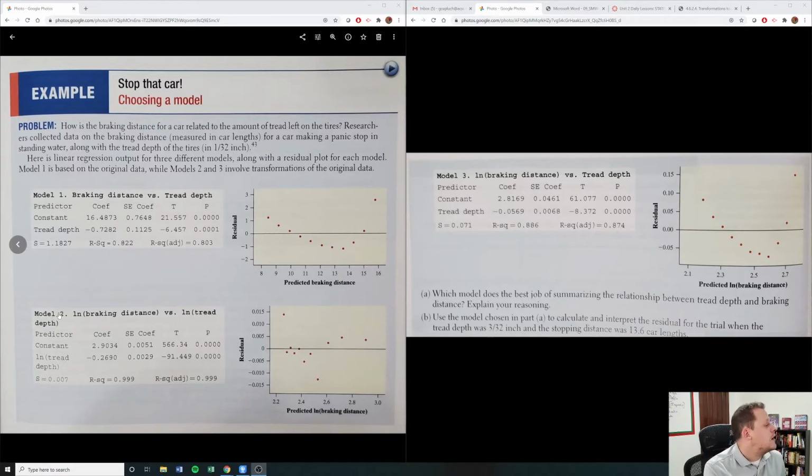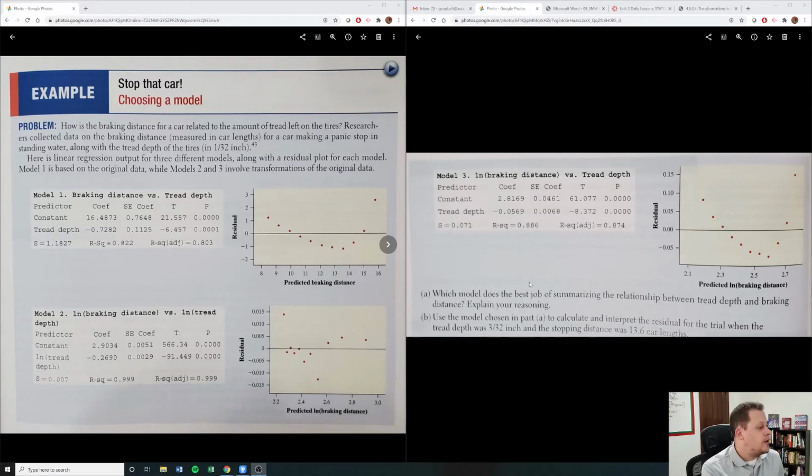Okay. Model 2, they took the natural log of both x and y, braking distance and tread depth. And we get a residual plot that looks like this. Third model, they took just the natural log of braking distance. So this was the natural log of just the y variable, which is the last model that we talked about as well. And they get a residual plot that looks like this.